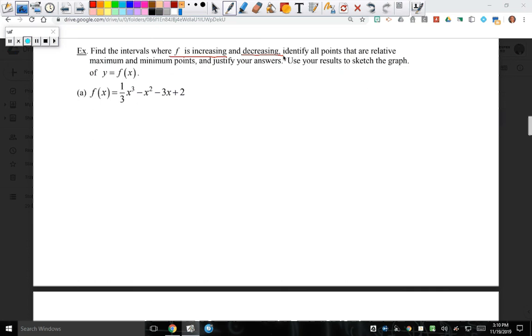What do you think I want you to write next to f is increasing? F prime of x is positive. And decreasing? F prime of x is negative. And if you want to put is positive and negative like that, you can do that too.